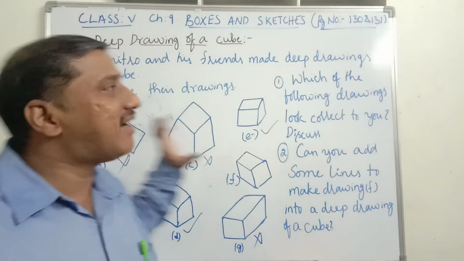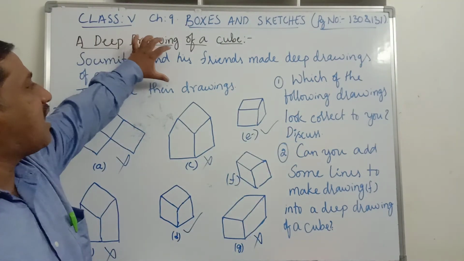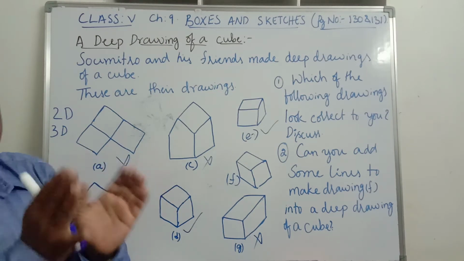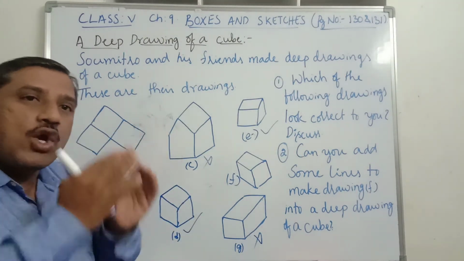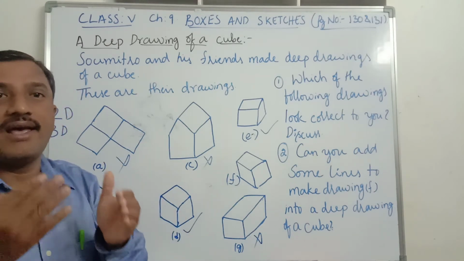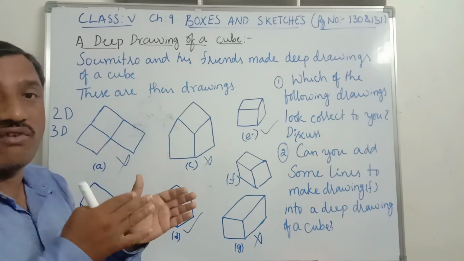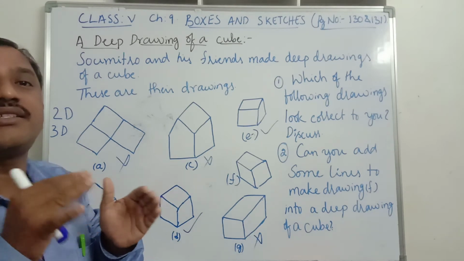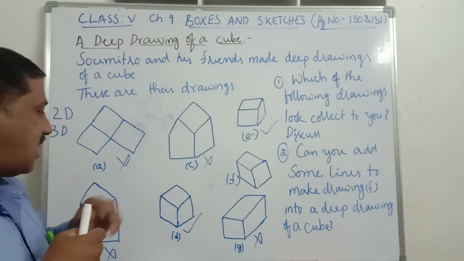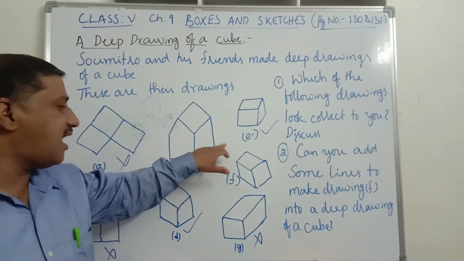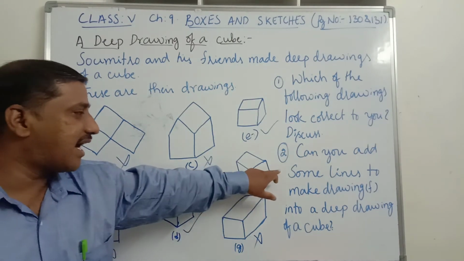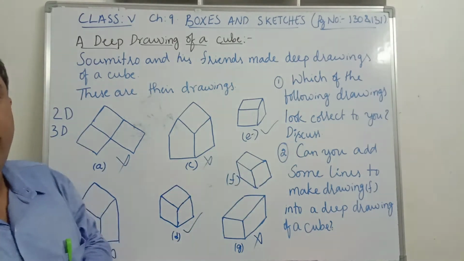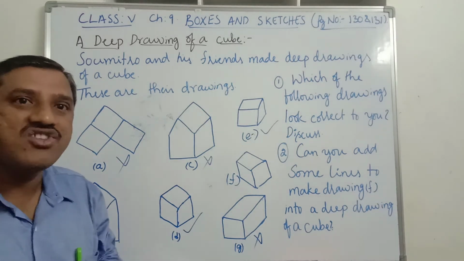So I hope you understand a deep drawing of a cube, identifying which of the figures are cubes and which are not cubes. A cube is a 3-dimensional figure with 6 square faces, and all the edges are equal in length. Here in this question, D and E are the cubes. F, we made into a cube for the second question by drawing some lines. Is it clear, children?